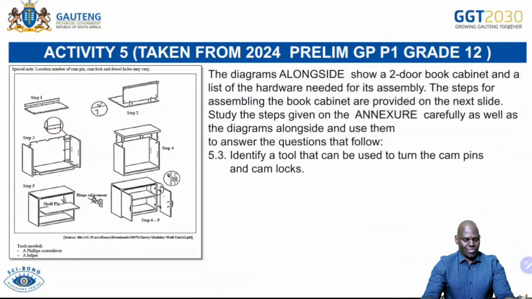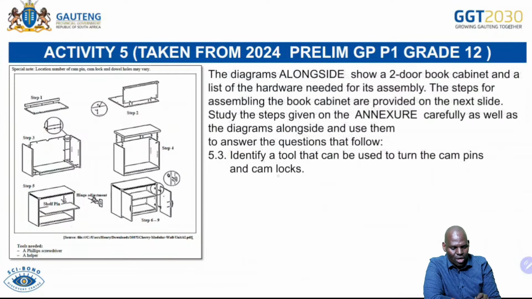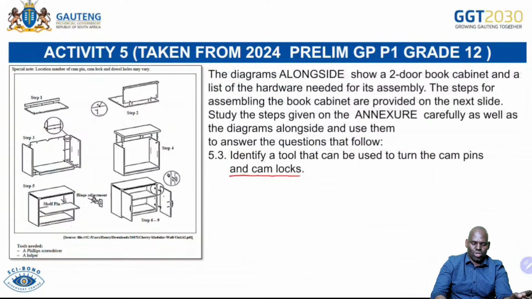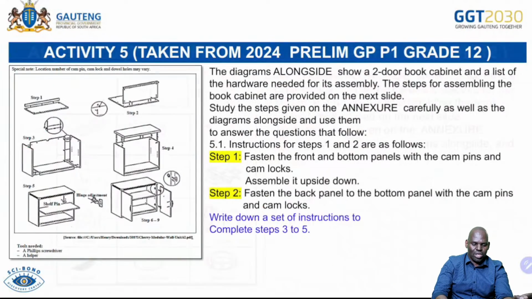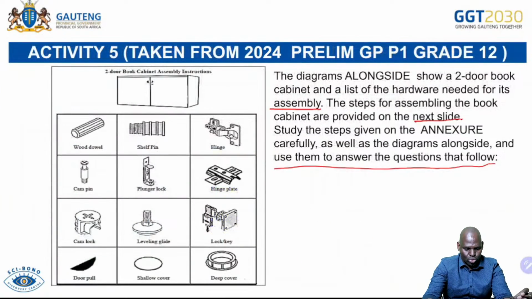And then number 5.3 is identify a tool that can be used to turn the cam pins and cam locks. If we go back to our pictures, the information which was given, it was not indicated.